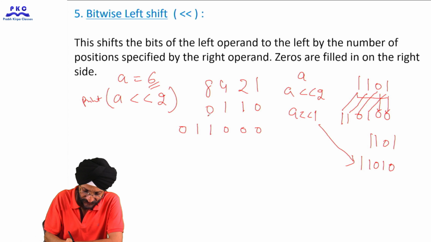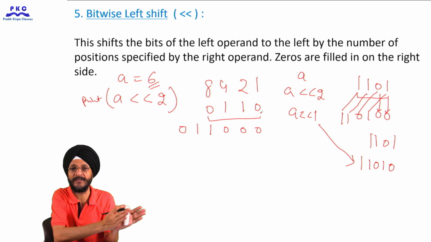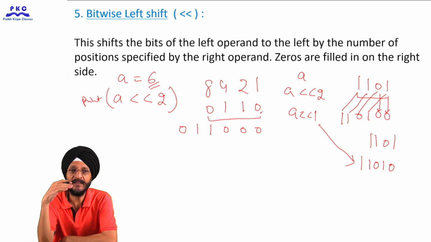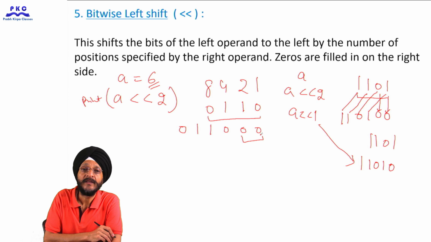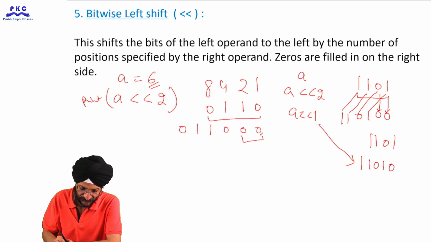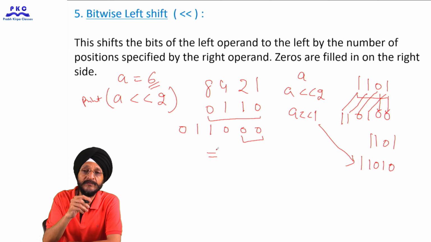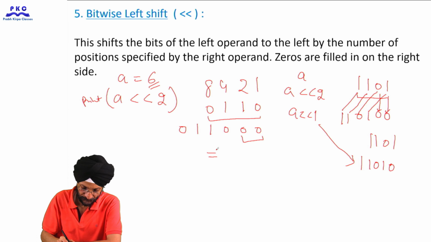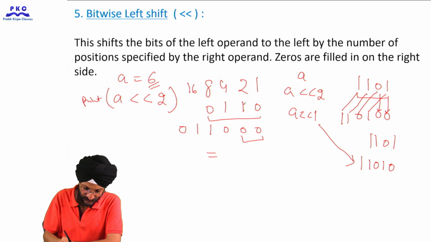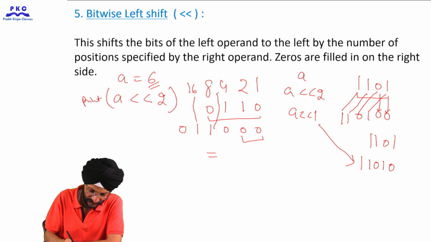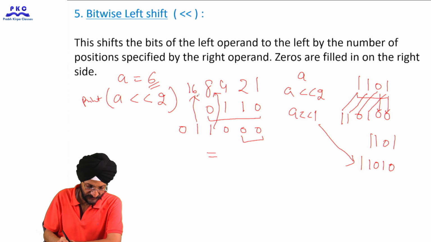That is, we have shifted all these bits by 2 positions to the left hand side, and zeros have been filled on the right hand side. Now what is the value which we get when we convert it into decimal? This is 16 plus 8. This is 16. This is 8. 16 plus 8. This is 24.